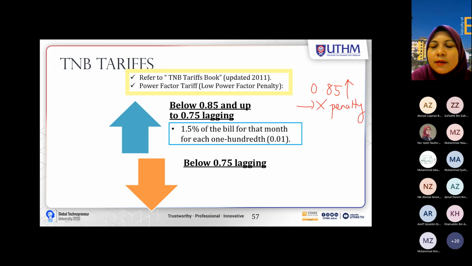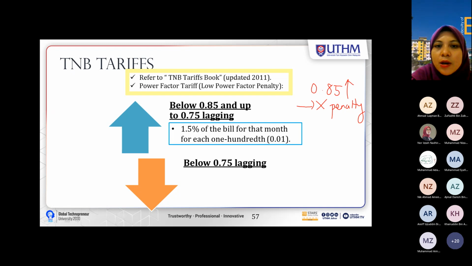That's why, as I said, one of my tasks when I worked at an industrial company, a factory, as a maintenance engineer, was to maintain the power factor above 0.85. So one day, in the morning we have to check the power factor reading. If it drops, we have to manually increase the value of the cap bank so that the power factor will increase. So we don't get a penalty.